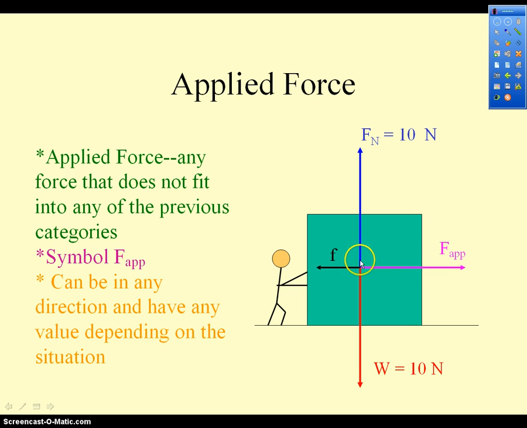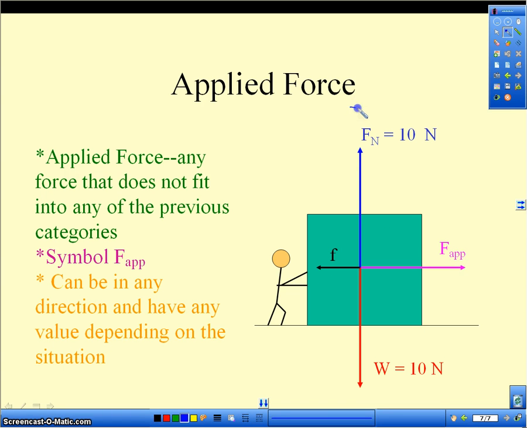So this box would have a weight down, a normal force up, an applied force pushing to the right, and if he can make the box move, then there'll be some friction to the left, assuming this isn't a frictionless surface. And the symbol we use for applied forces, any other force that's not one of the others that I just talked about, is just F-app for applied.